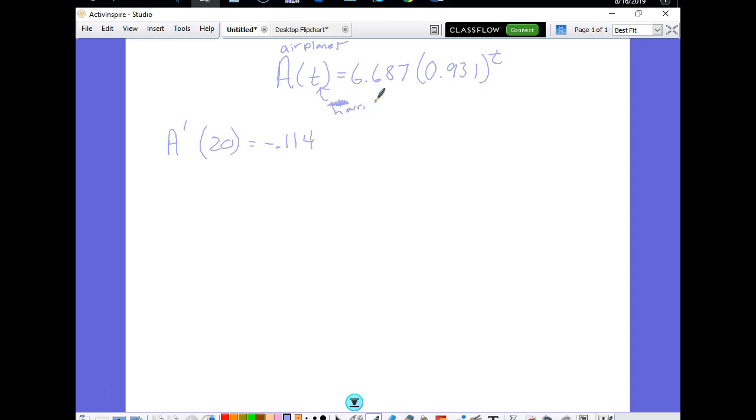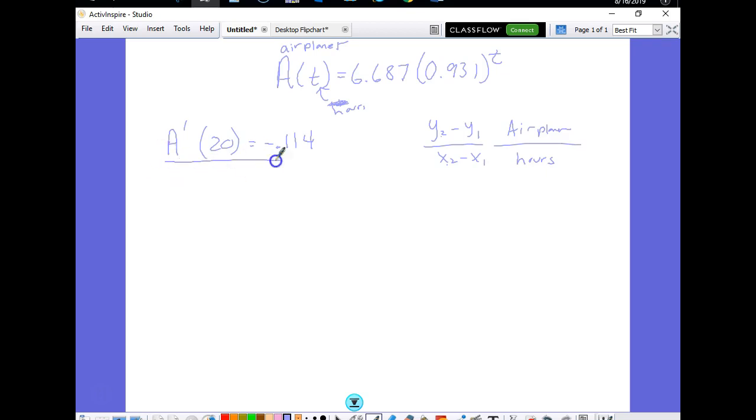Okay, so airplanes is the output, hours is the input. Well, when you usually do slope, it's y2 minus y1 over x2 minus x1. So it's the outputs over the inputs. So what we have on the top is airplanes, and what we have on the bottom is hours. And so our units for the slope would be airplanes per hour, right? I'm just making up weird units. You can ignore that. But the point is airplanes per hour.